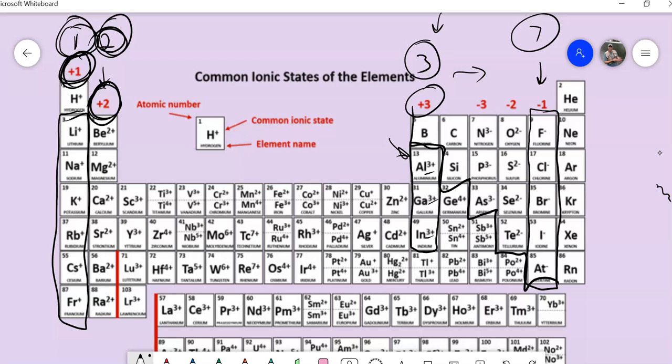If we move on to the oxygen family here, all of these have 6 valence electrons. So when these elements gain 2 electrons to look like a noble gas, they're going to have a net charge of -2. We can see that, again, it's very consistent. All of the nonmetals in the oxygen family are going to form a -2 charge.